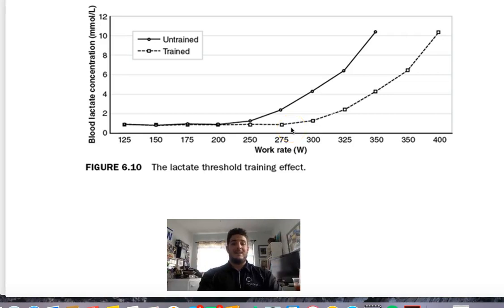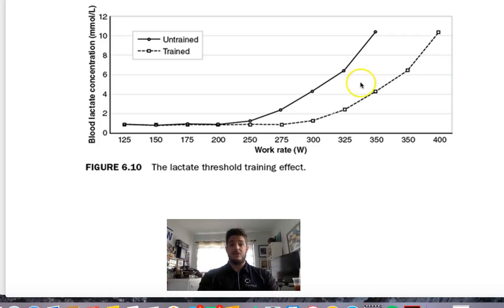The break in the lactate accumulation curve may correspond to the point at which intermediate and large motor units are recruited during increasing activity. So once you start to see this spike, you see that onset of blood lactate accumulation. It's starting to pool.